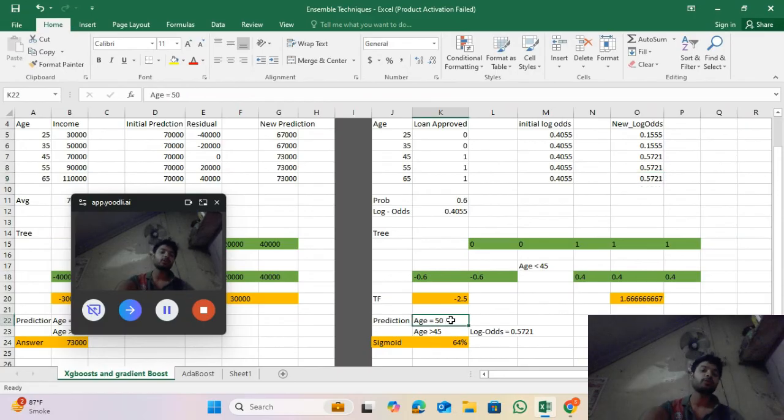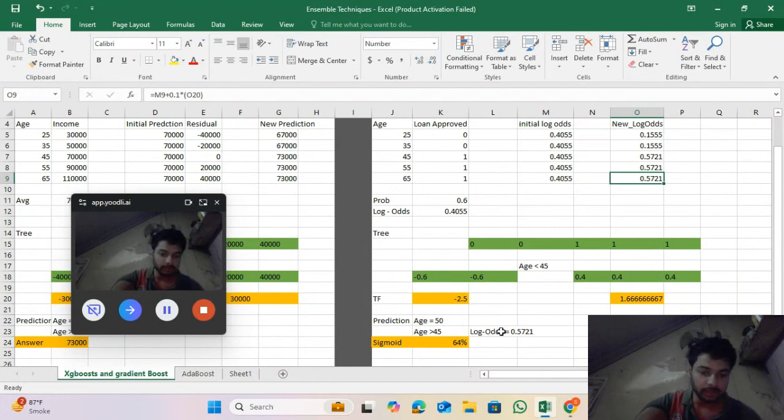So when you want to predict whether your age equals to 50, since age is greater than 45, your log odds value will be 0.5721, which is here. And when you put this into a sigmoid function, because the inverse of log odds is sigmoid, you will get the probability: a 64% chance that the loan will be approved.